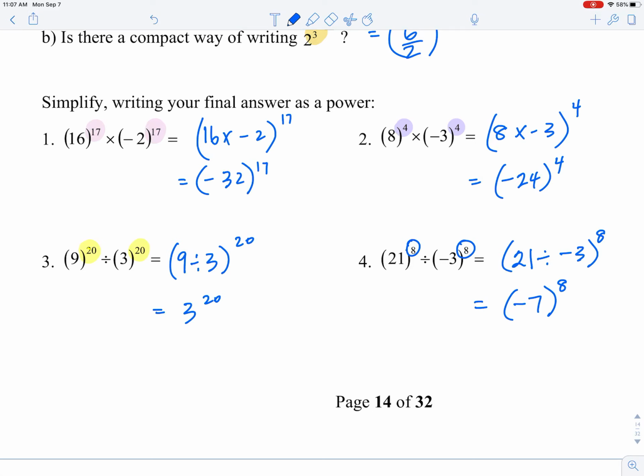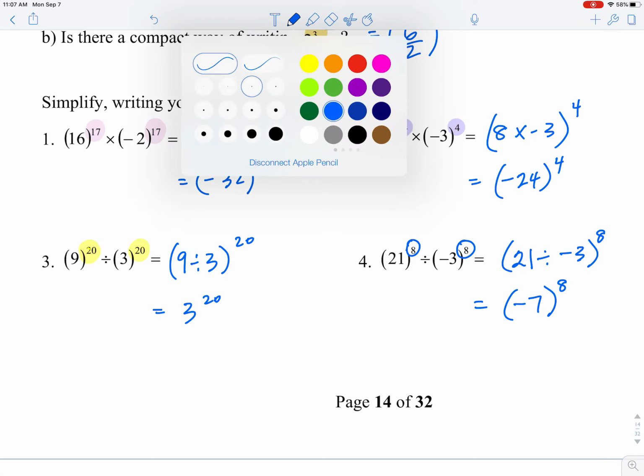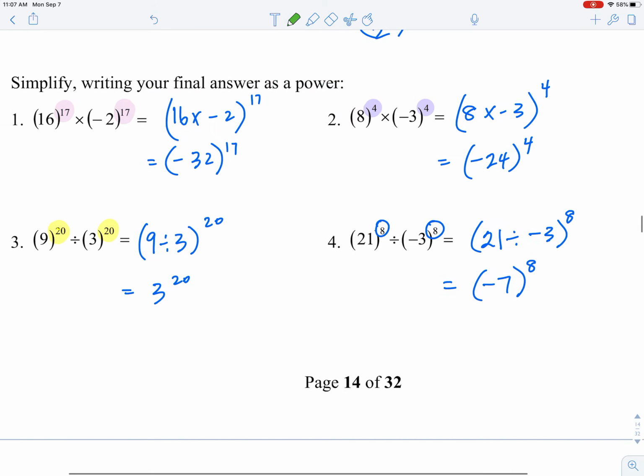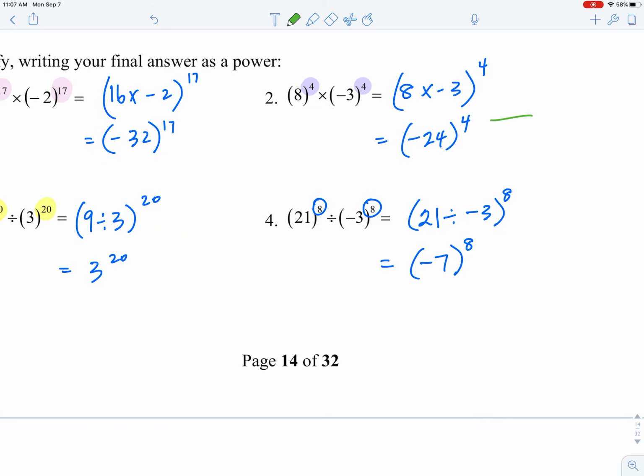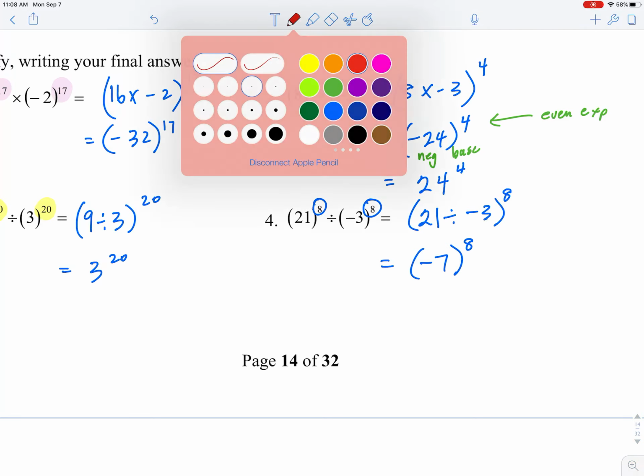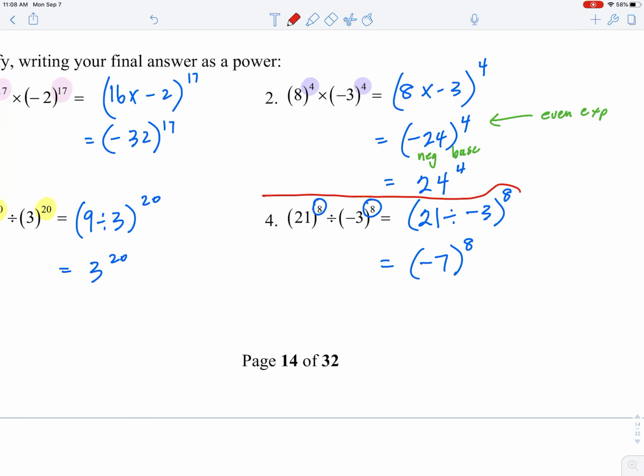I'm going to do one step for 2 and 4, where we can go one step further. We learned that when we have a negative base and we have an even exponent, that means our final answer will be positive. So if I were to go one step further, and this is what's going to be required on your assessment, we're not going to leave any negative bases.